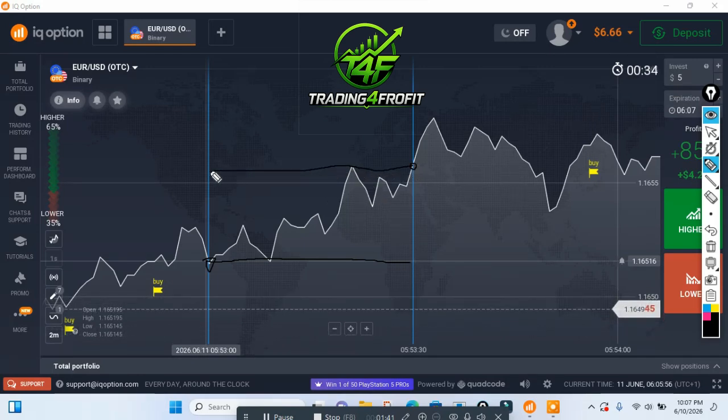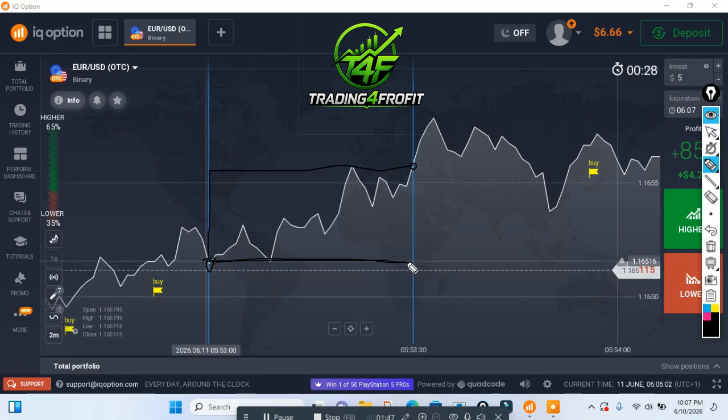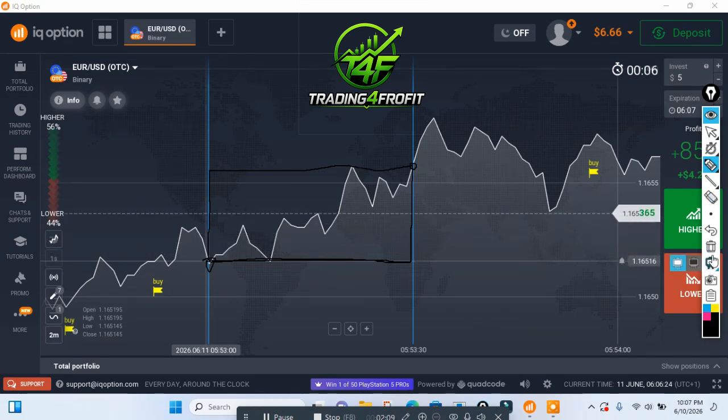This is a buyer's candle. This is not a seller's candle, because the market opened from down and closed at the top. I don't know if you get the story. It opened here and it closed here. That means this is a green candle, not a red candle. This is a bull candle, not a bear candle.